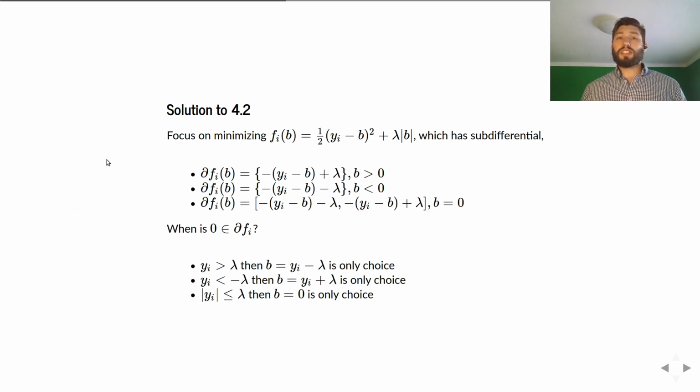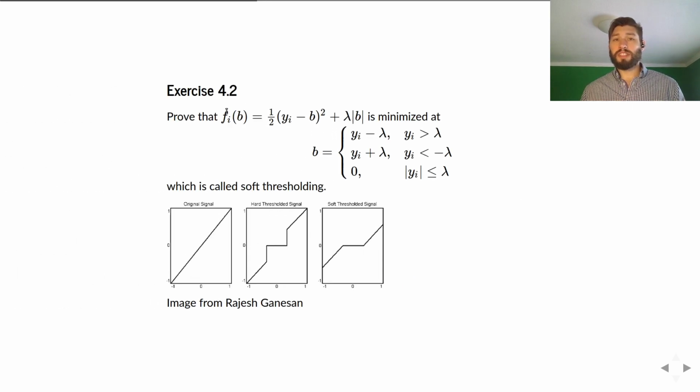So here's the solution, and I mentioned that you should probably go through this definition of the subdifferential. So let's just start by finding what the subdifferential is in this case. One of the properties of subdifferentials is that the sum of functions has a subdifferential which is the sum of the individual subdifferentials. If we look back at the function here, we have one function which is differentiable, the square error loss in b.